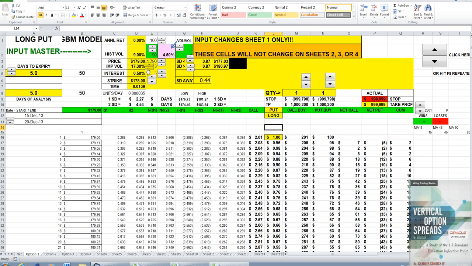And then we come up here, and what we've done is effectively backed into the implied volatility. The price, in effect, determines the implied volatility. That's what the market feels the volatility of this put is trading at. So that's all it means.